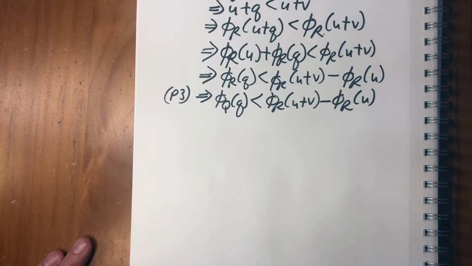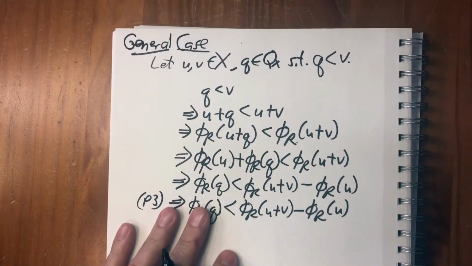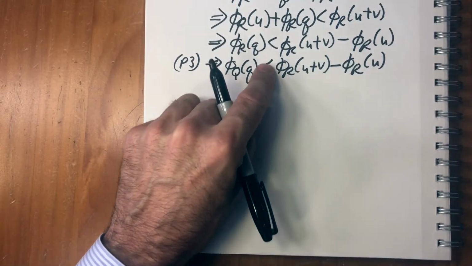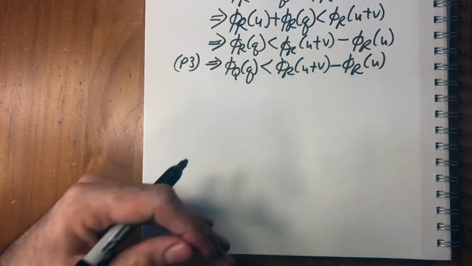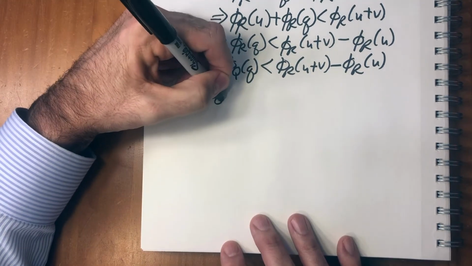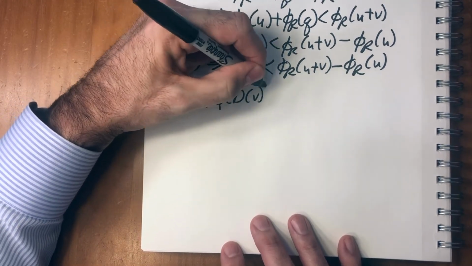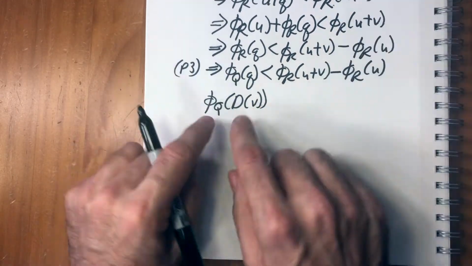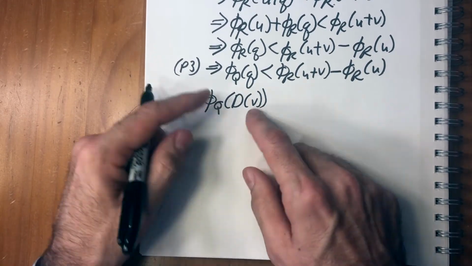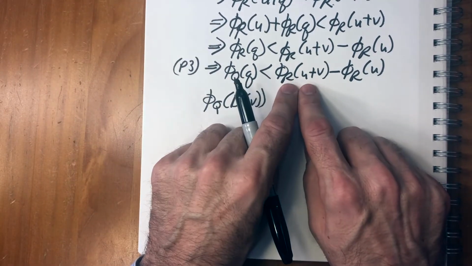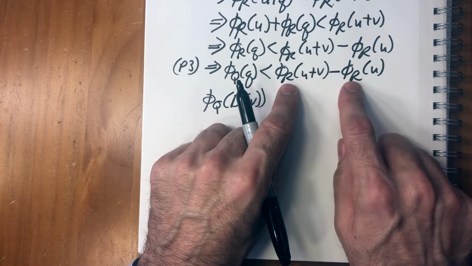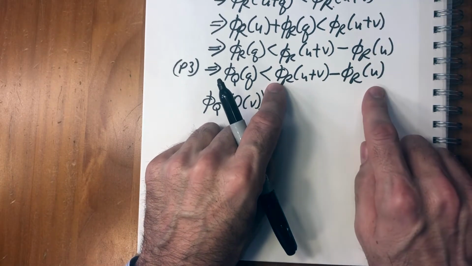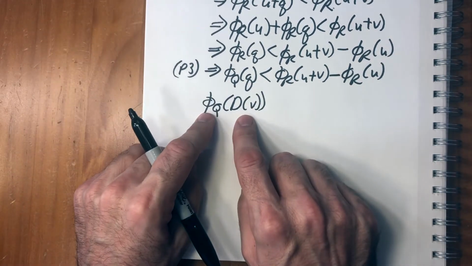Okay, now what? So q is the set of all rationals less than v, right? That means that the set of all phi q of q with q less than v is the set phi q of dv. So if phi q of q is less than phi r of u plus v minus phi r of u, and this is true for all q less than v, then this has to be an upper bound of this, right?